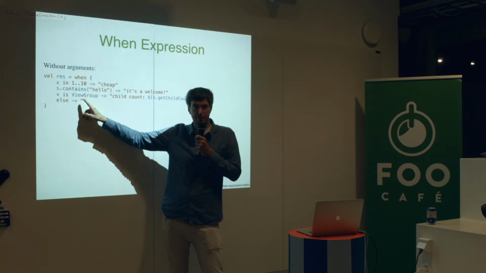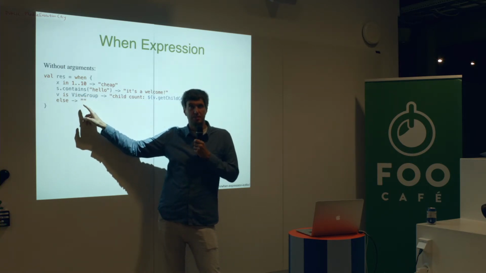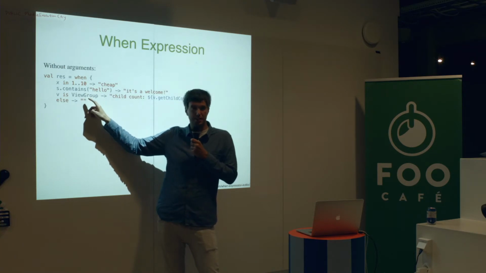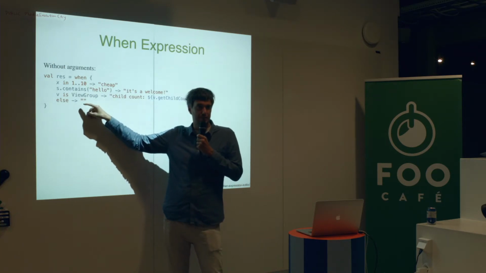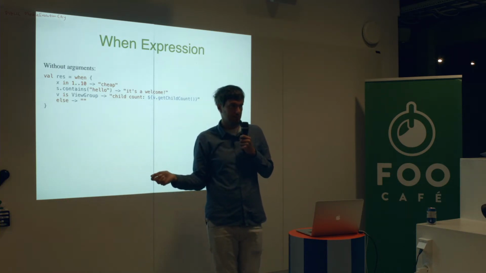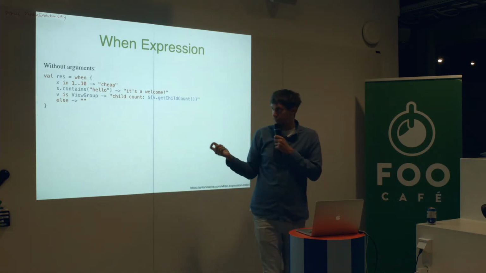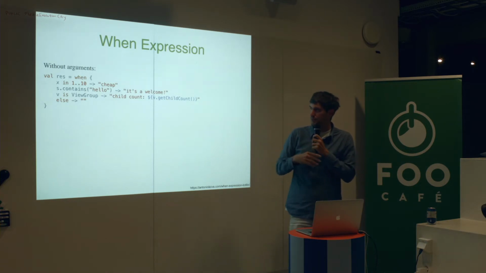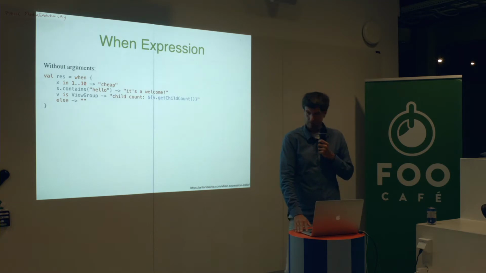We can check that if the first index of the list is 1, the second is any value, and the third value is 3, then we should match. We can't do that in Kotlin. So it's not as powerful as Scala, but it's at least way better than the switch statement in Java.